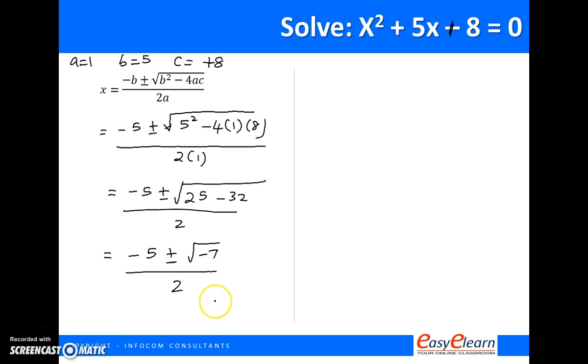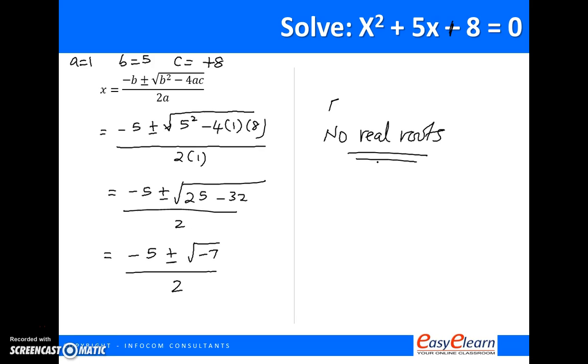So if you try to find the square root of minus 7, your calculator gives you an error because there is no square root of minus 7 in the real number system. So if you come across a negative number within the square root, what you will do, you just write down no real roots, because you cannot proceed after this.